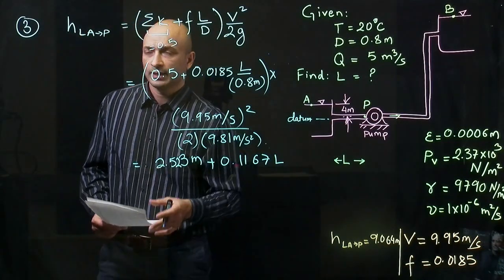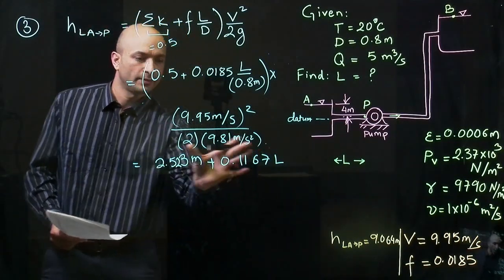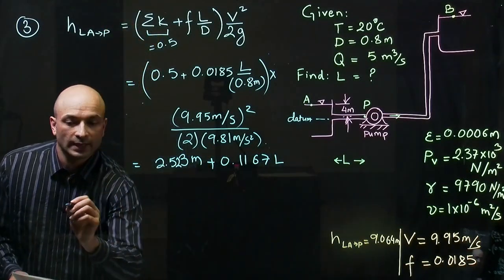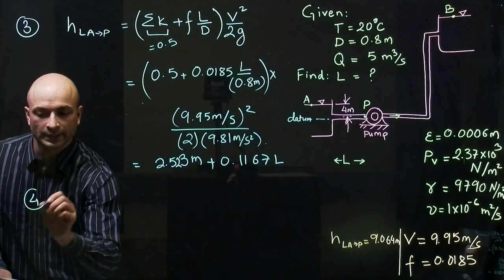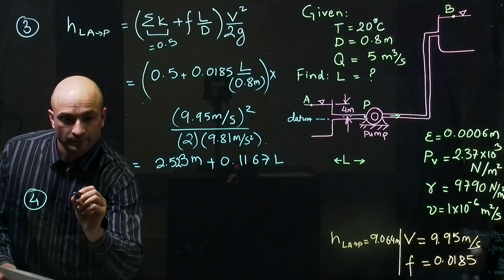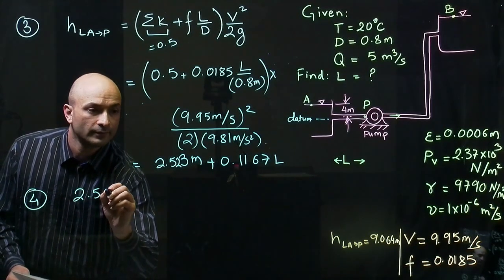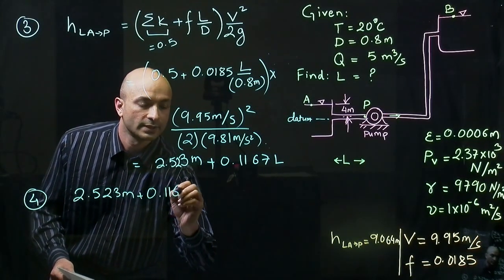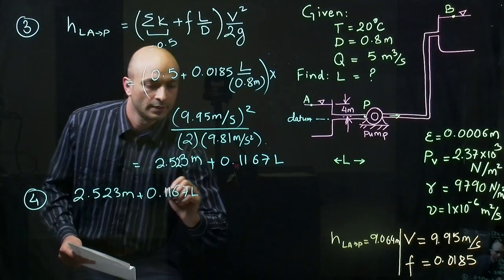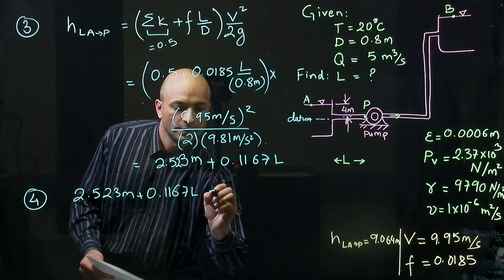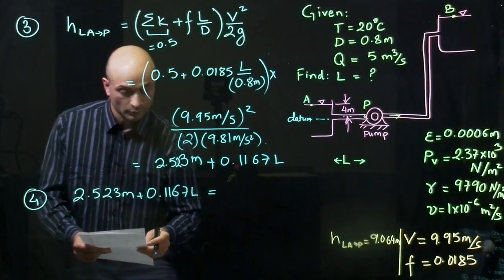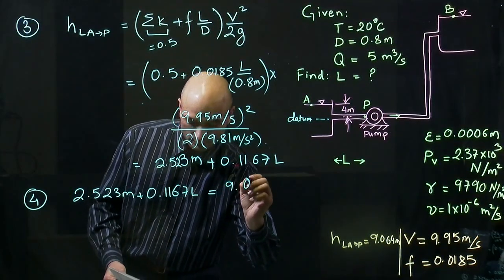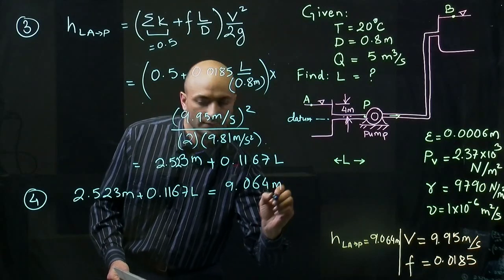Now we can go back to step 2 and plug this in on the left hand side. So we'll have finally the fourth step: 2.523 meter plus 0.1167 times length L equals 9.064 meters.